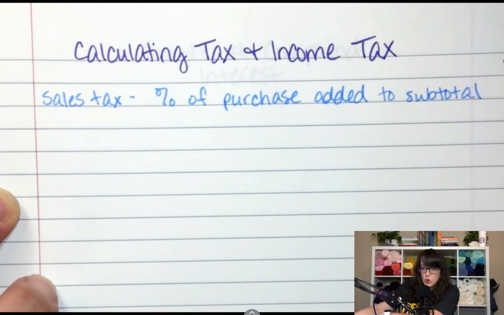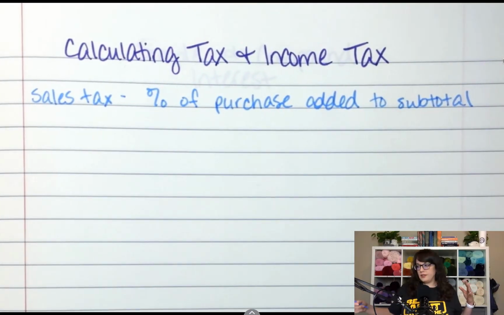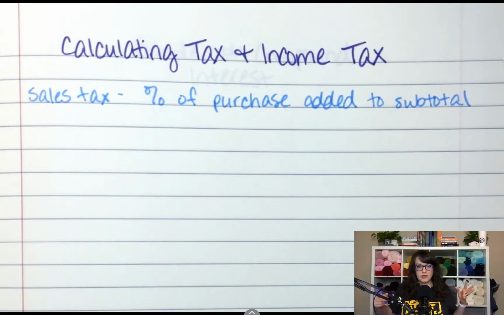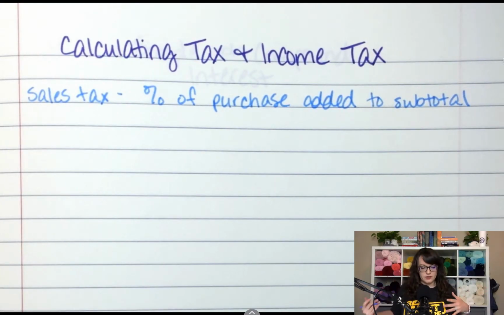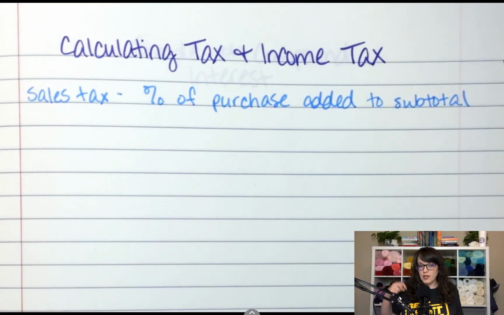Now, the subtotal is all the stuff added together. So if you go to the store and you buy five things for $1, your subtotal is $5. So subtotal is before sales tax.